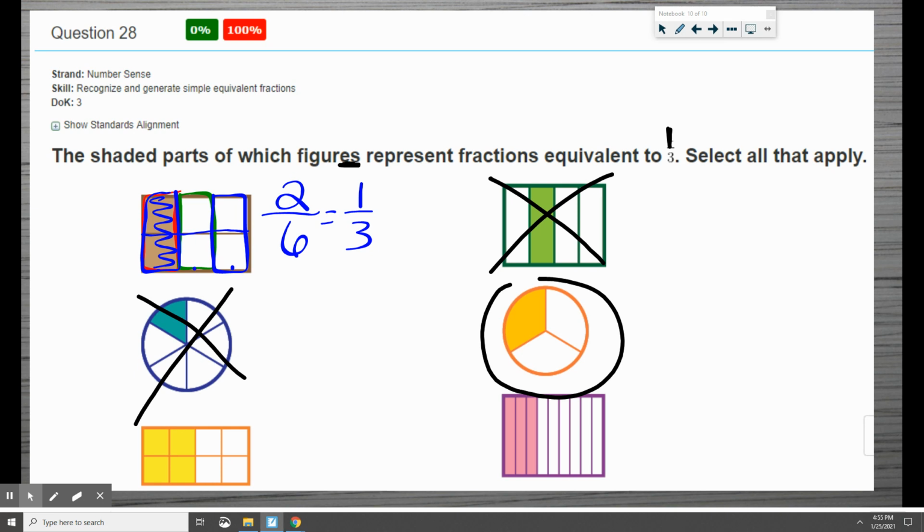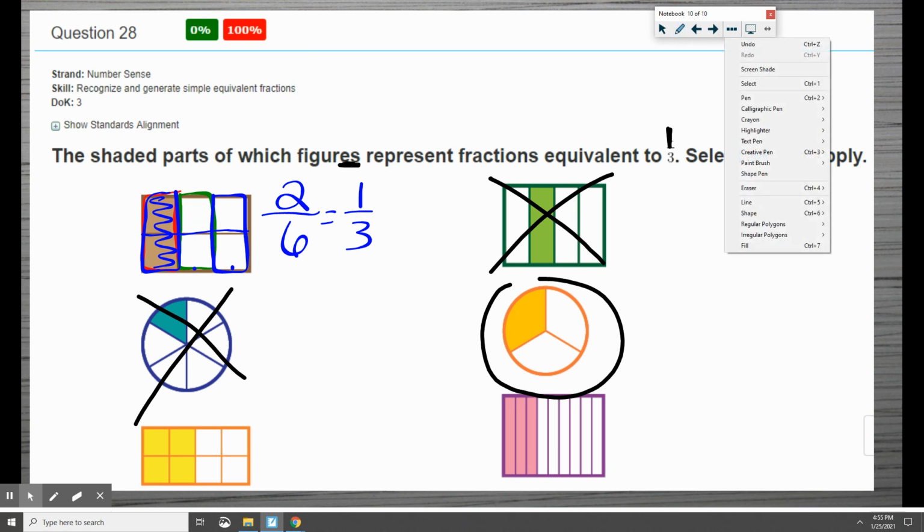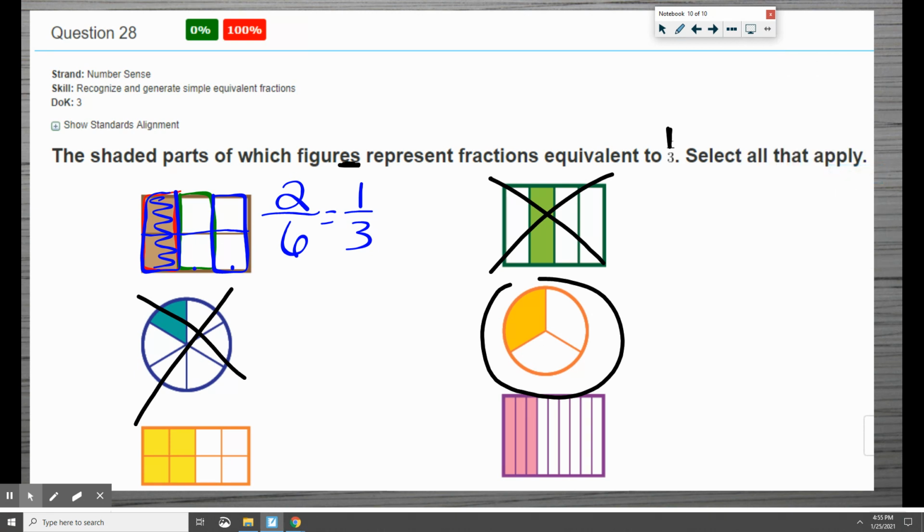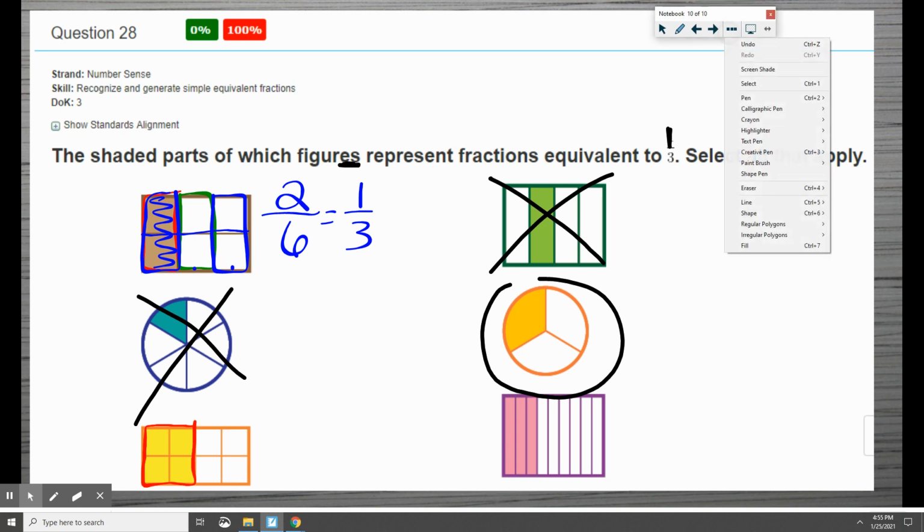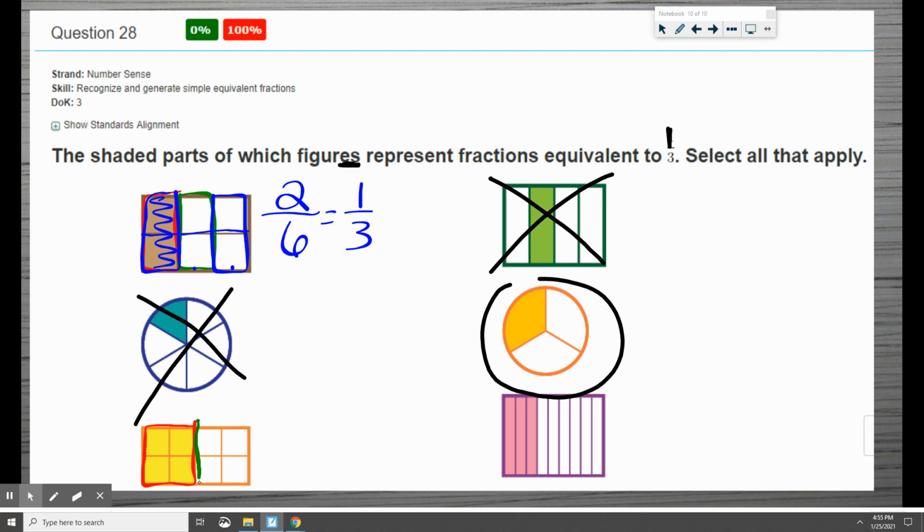All right, now let's look at the yellow one. Again, we want to look at what is shaded and then see if we can make those equal groups. For the yellow one, this much is shaded, and in the same size group, this one is shaded. Now, forgetting the yellow lines, how many groups do I have?